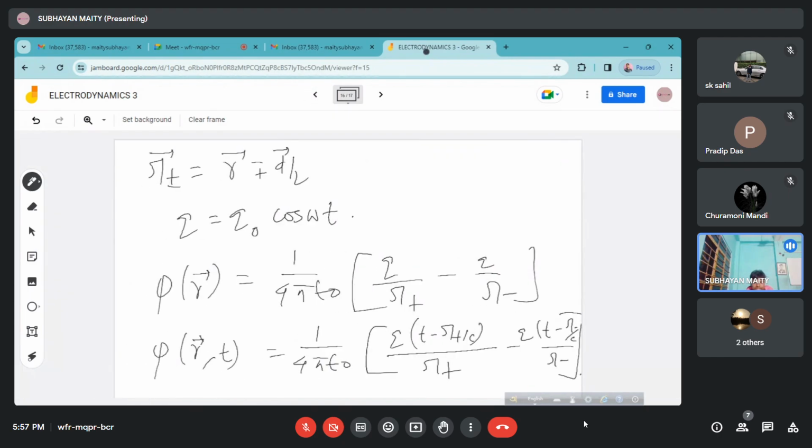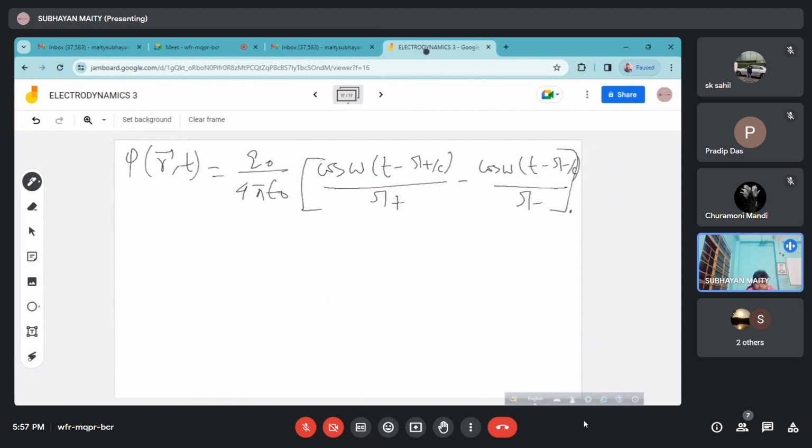Okay. Now the expression of R plus minus: R plus minus squared will be R square plus d square by 4 minus plus twice R dot d, so it will be R d cos theta. So here for an ideal dipole, d is very less than r.